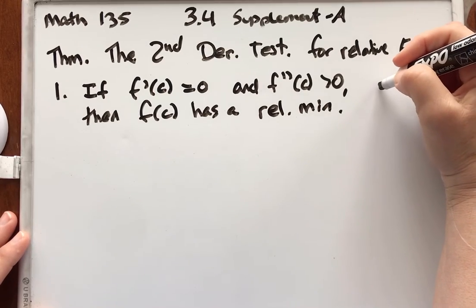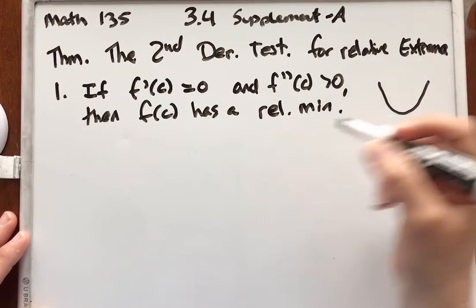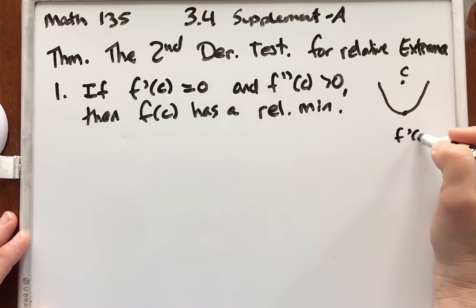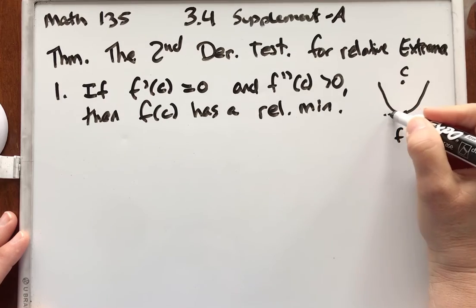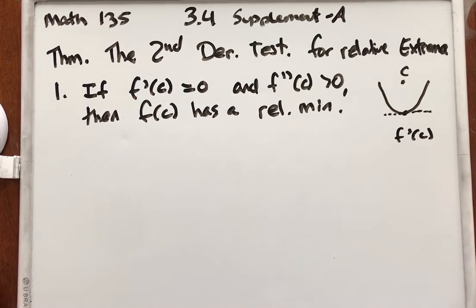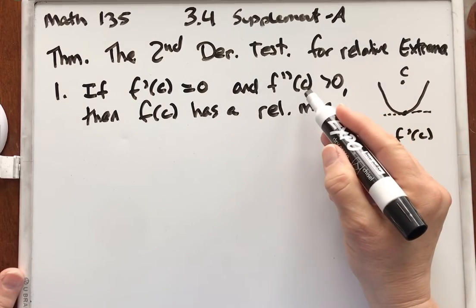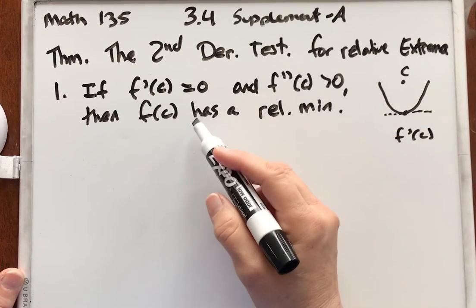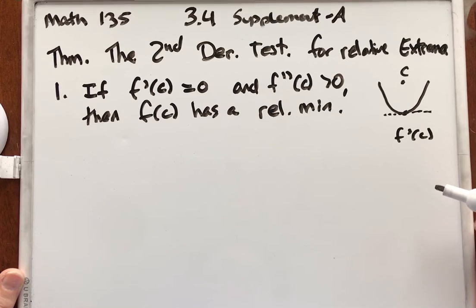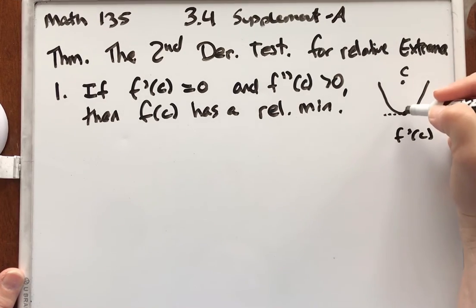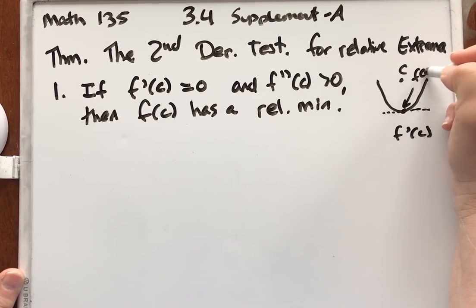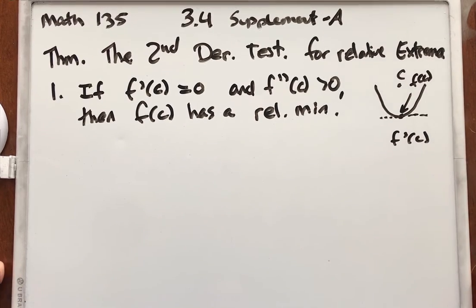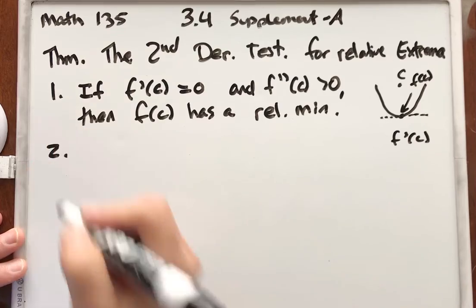Here we look something like this. Here's our c, f prime of c equals 0. That's the slope of the tangent line equals 0. And if f double prime of c is greater than 0, then f of c has a relative minimum. So this is f. This point right here is f of c, and we can see this is a relative minimum.